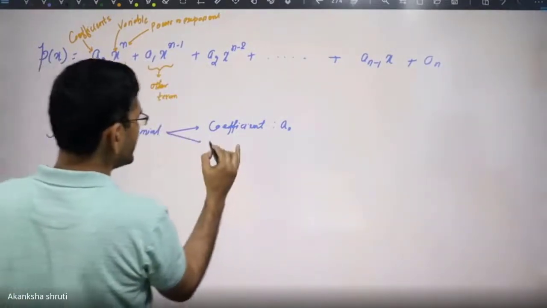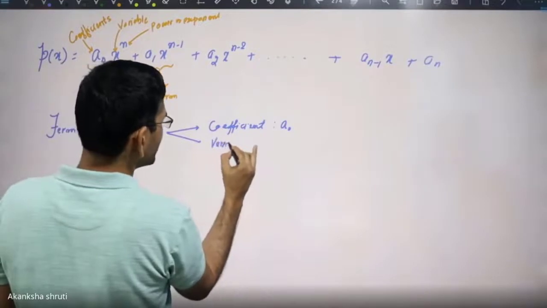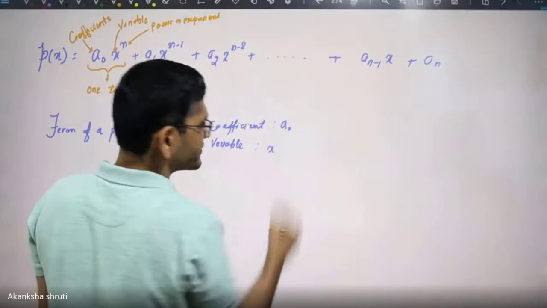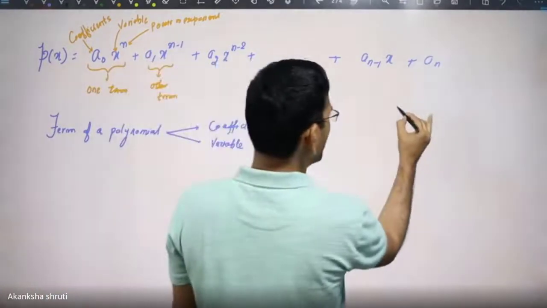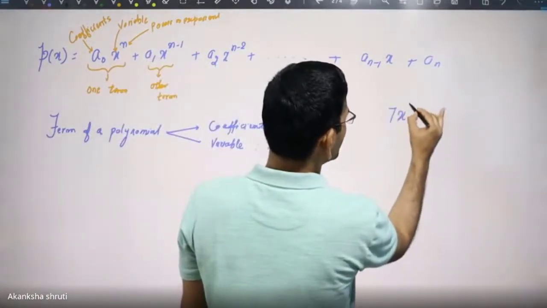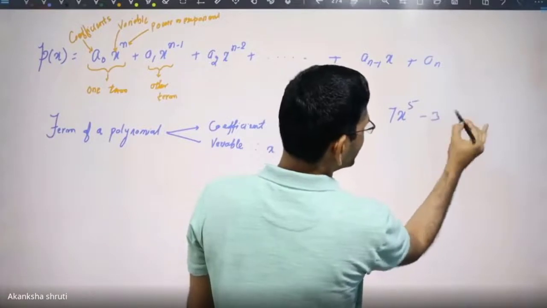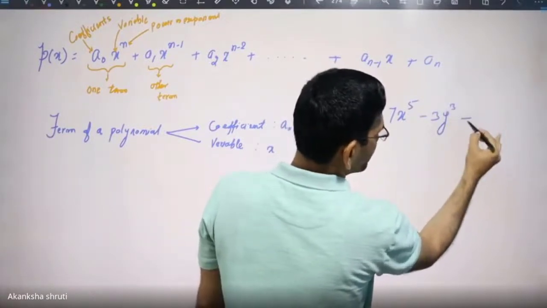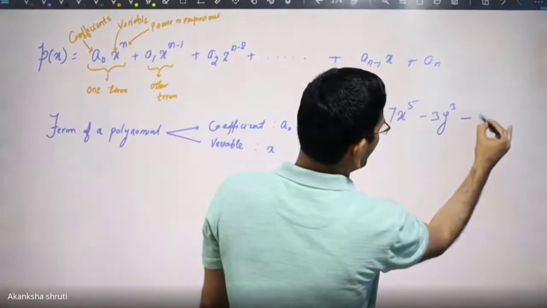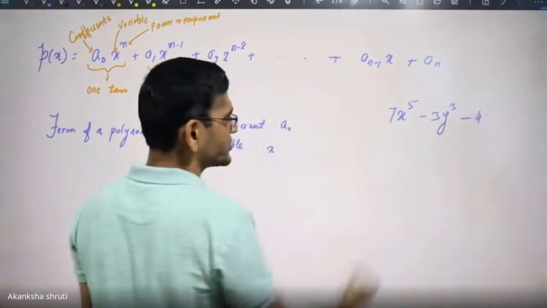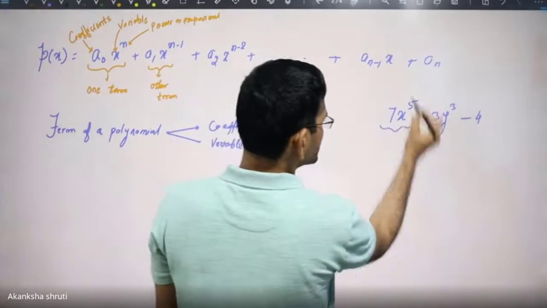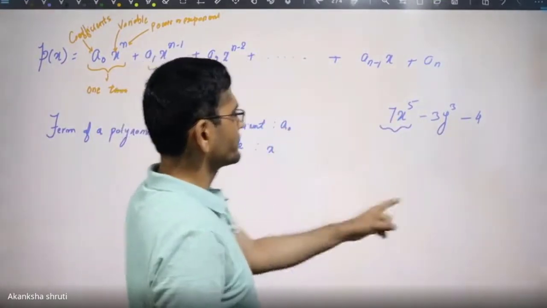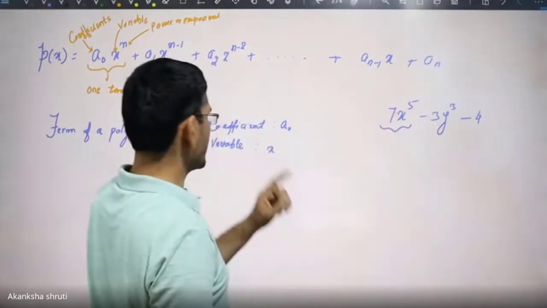It has the variable. Here it is x, but if I am writing the expression 7x to the power 5 minus 3y cube minus 4, student, keep in mind, this is the first term where 7 is like our a0, x is x.